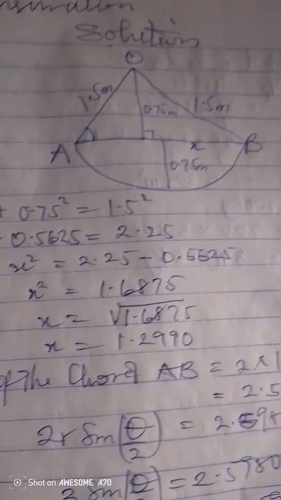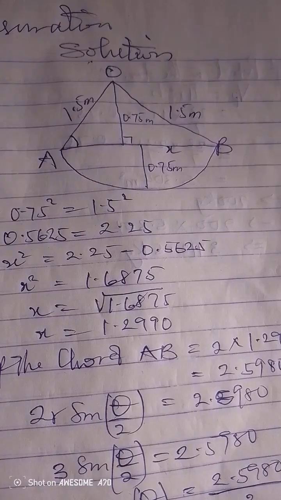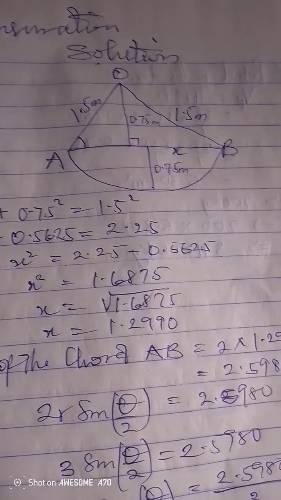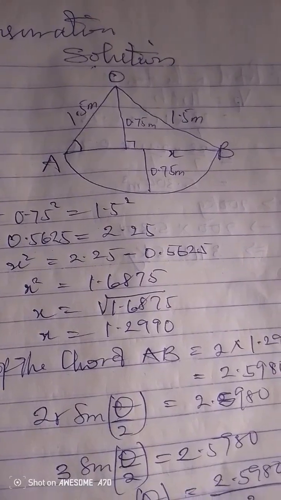So we can use SOHCAHTOA to find the part of the chord marked X, or we can use Pythagoras theorem.